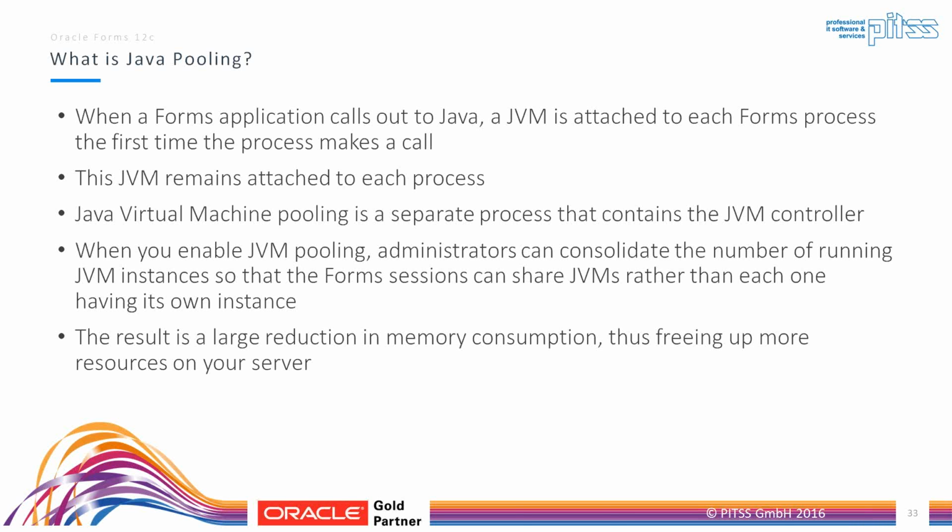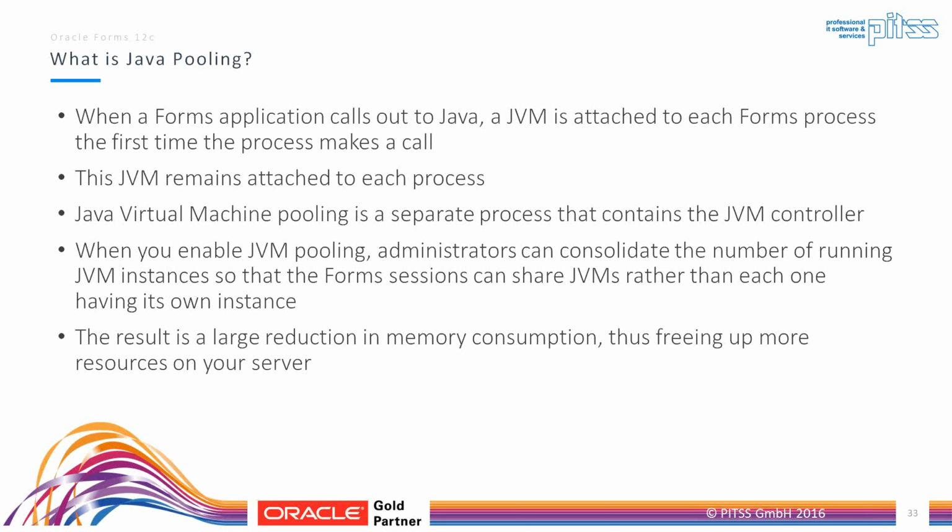As it says here, when a Forms application calls out to Java, a JVM is attached to each form process the first time the process makes a call. And then this JVM remains attached to each process. So it stays there. Java Virtual Machine pooling is a separate process that contains the JVM controller, and exactly in the JVM controller are the new features hidden.